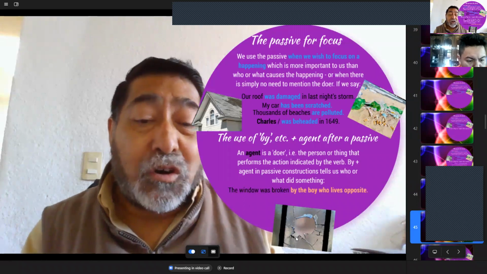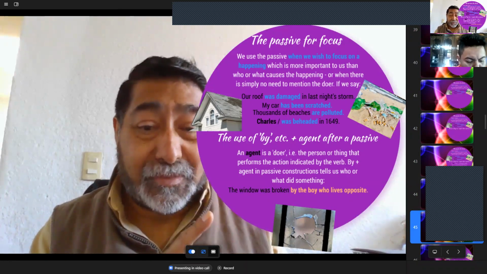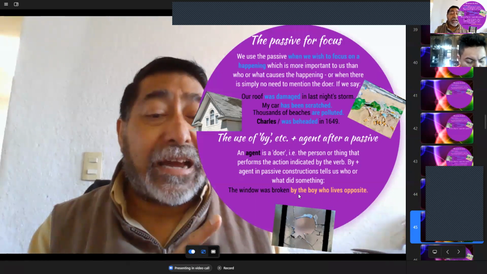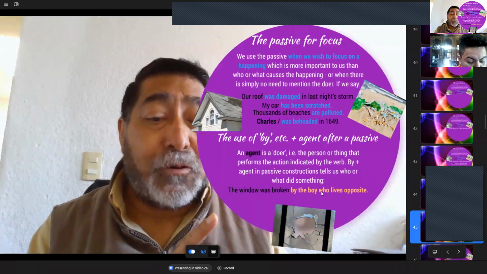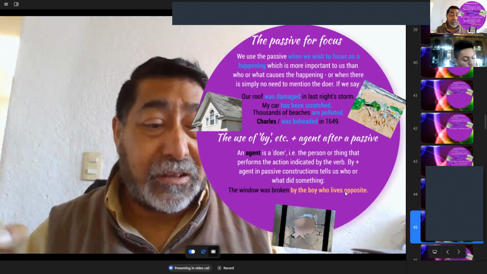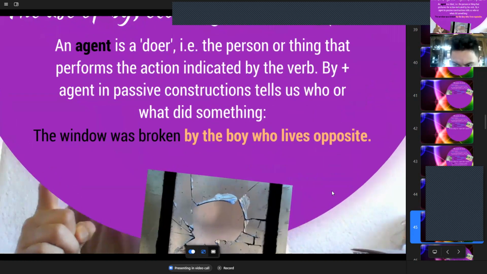So what we say is, the window was broken. We say the window was broken, and I say by the boy who lives opposite my house. So this is the idea. Who broke the window?